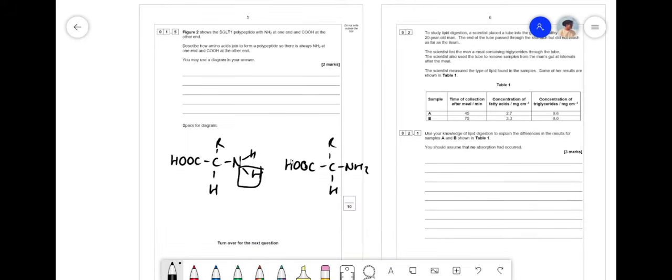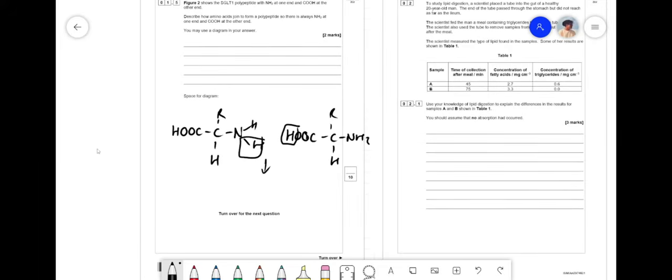So an H goes from here, and then an OH goes from here, and you get this. HOOC, C, N, H, R, H, C, and it's a double bond O, C, N, H2, R, H. That's how it forms. This is a peptide bond.